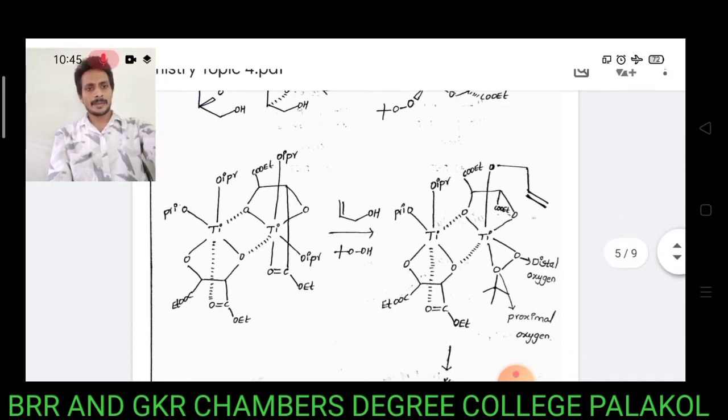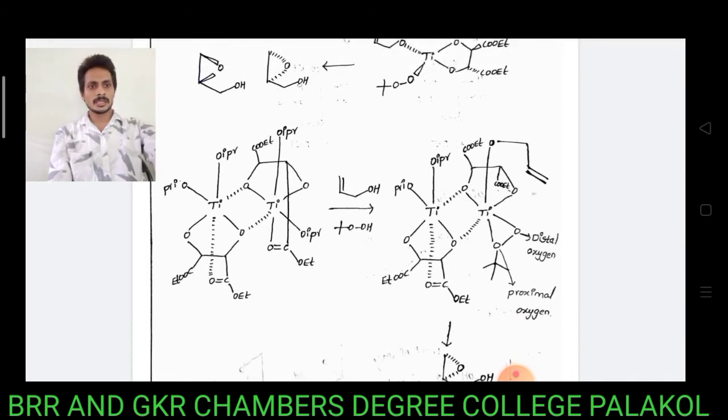It gives again a dimer form of the hexacoordinated titanium complex. In this complex, we observe two things: distal oxygen and proximal oxygen. Distal oxygen means the nearer oxygen, nearer to the stereocenter.